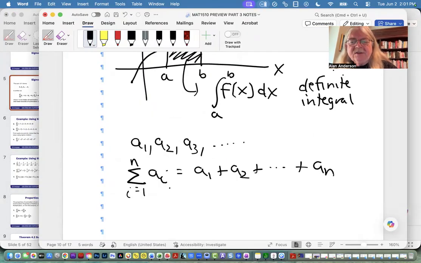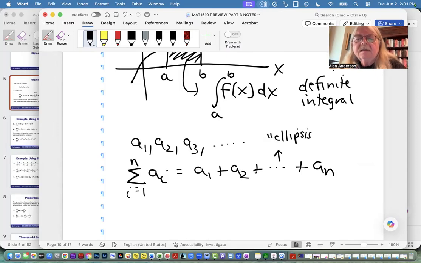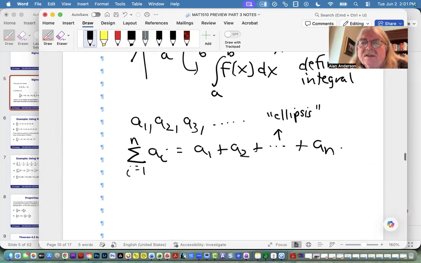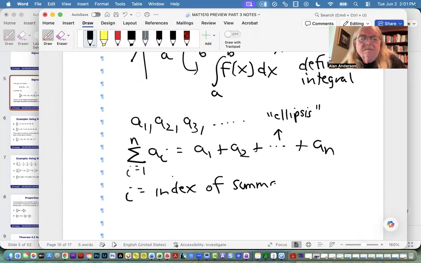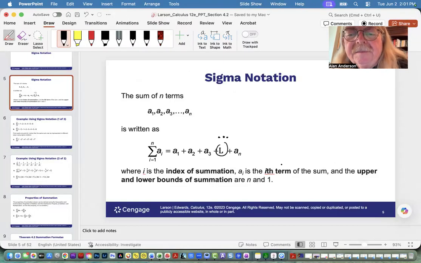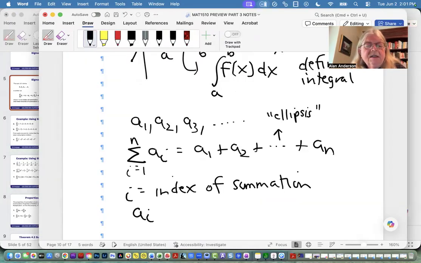I is the index of summation. And if you weren't sure, these three dots are called an ellipsis. They're used in math to indicate that something is missing, but the pattern should be clear. It's also used in English, in paragraphs where they're leaving out parts of a quote, let's say. So anyway, I is the index of summation. a_i is referred to as the ith term.